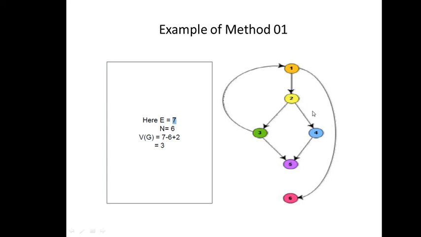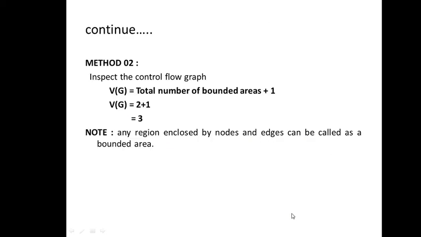In this example, we have 7 edges and 6 nodes. Calculating this, it comes out to be 3. So you got the total number: 3 linear independent paths. Now by hit and trial, we can identify them. The first one is this, the second one is this, and the third one is this. So this becomes simple.